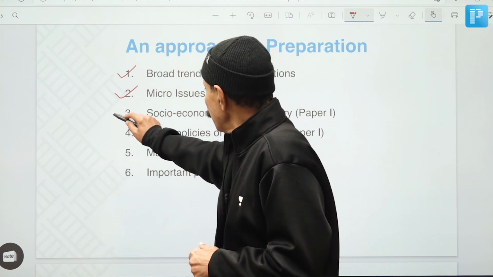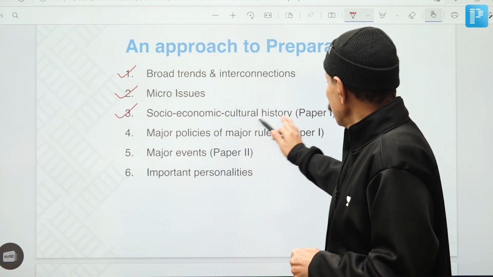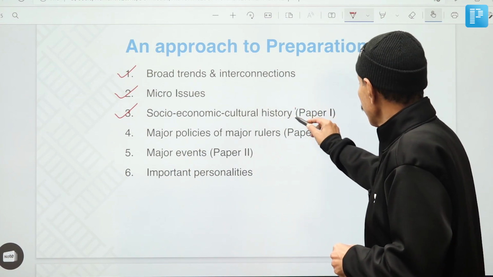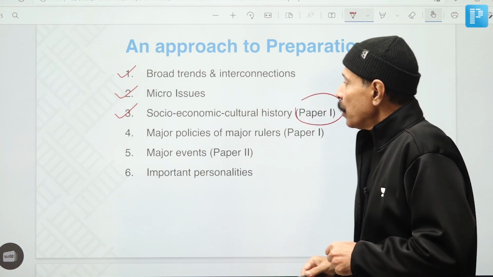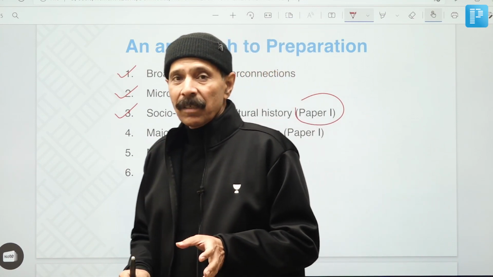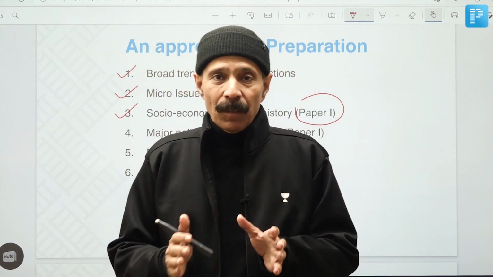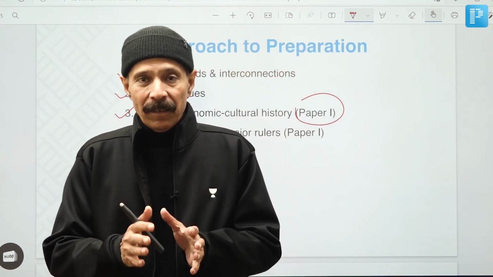Third is socio-economic cultural history in paper 1. So in the preparation of paper 1, there should be a focus on socio-economic cultural history.